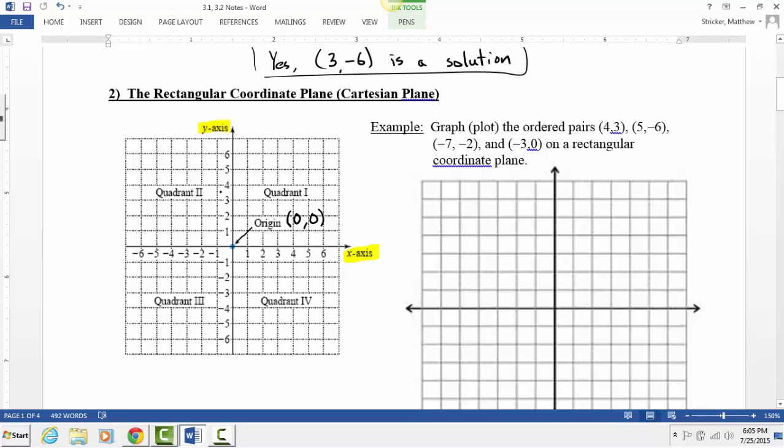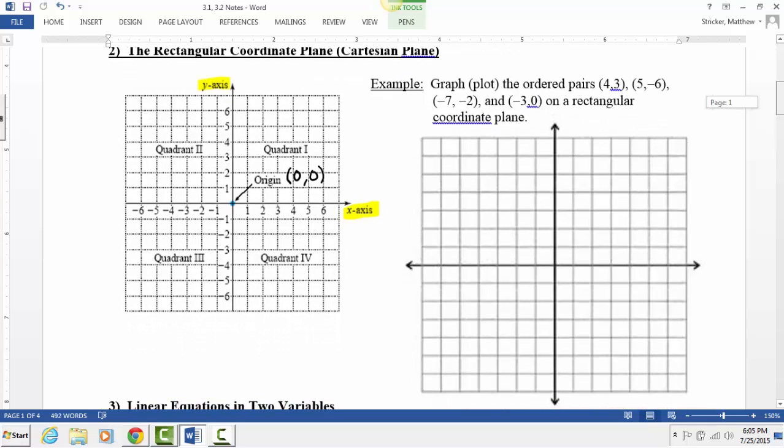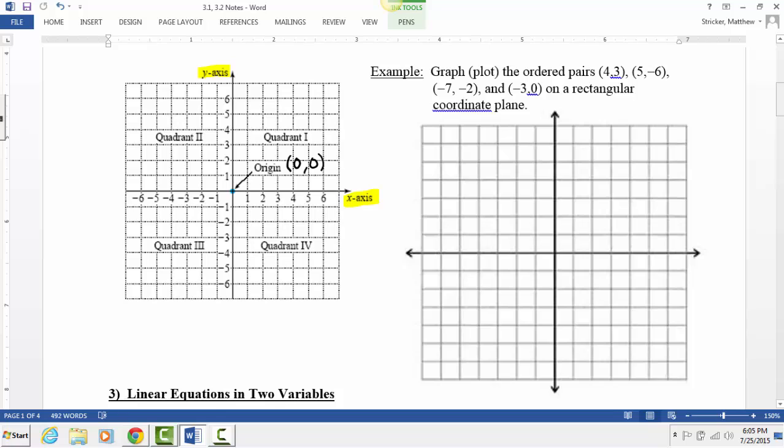We have positive numbers going up, negative numbers going down. So what we can do is we can graph any ordered pair by knowing where that point lines up with respect to the x-axis and the y-axis.